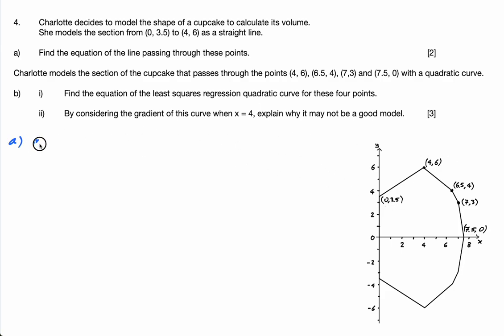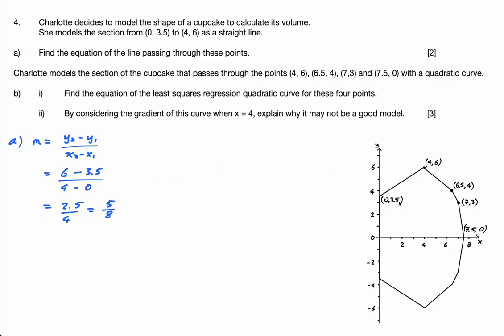So the gradient of this line is y2 minus y1 over x2 minus x1, which is 6 minus 3.5 over 4 minus 0, which is 2.5 over 4, which is actually 5 over 8, if you like.